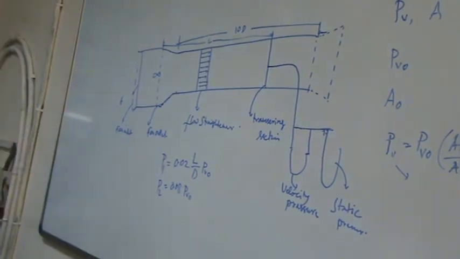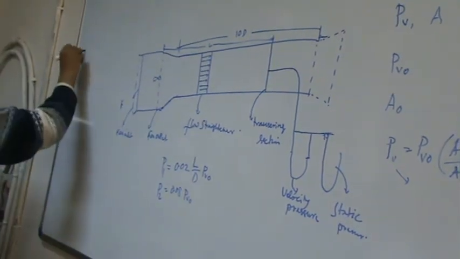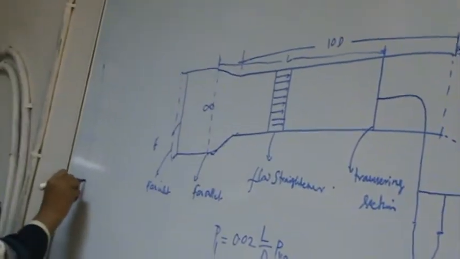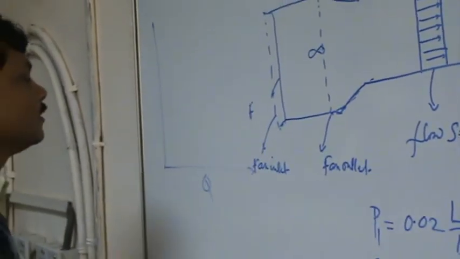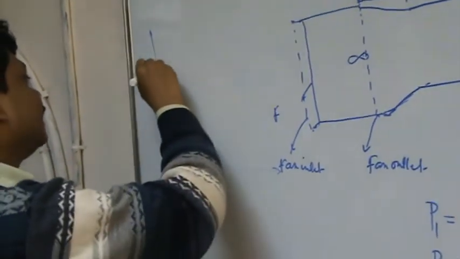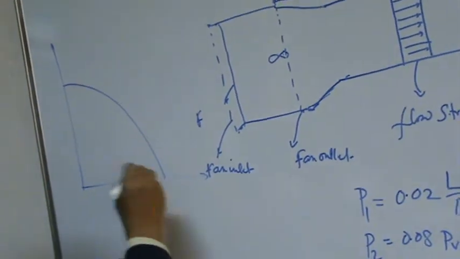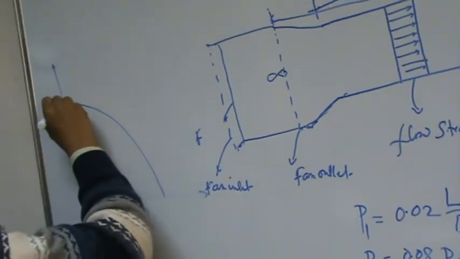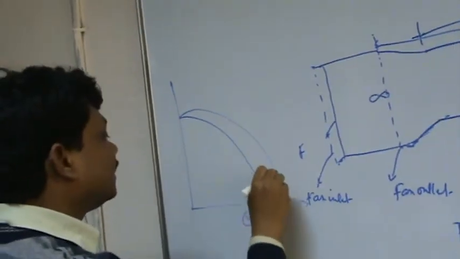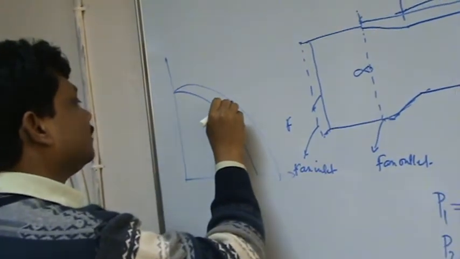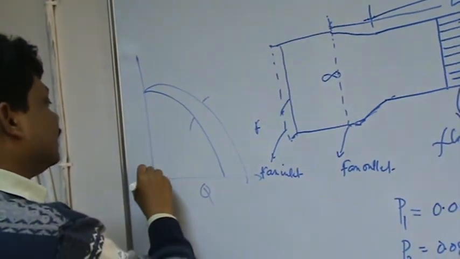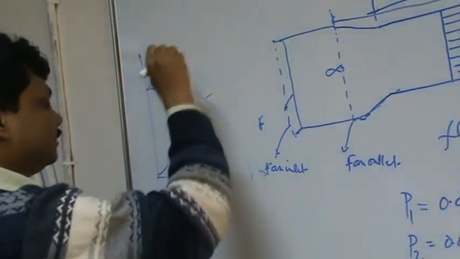So once I get those parameters, then I can find out the quantity and I can generate the curves for static pressure, total pressure and velocity pressure, and fan efficiency.